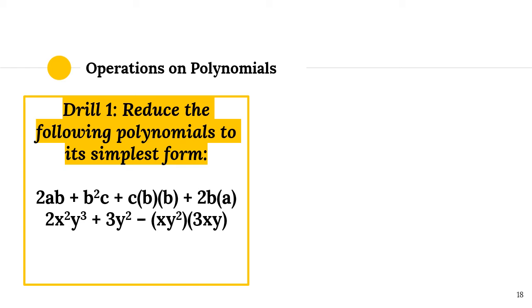It becomes 3y squared minus x squared y cubed. Okay, so 3y squared minus x squared y cubed. Let's try to simplify it further by using the correct sign later on.